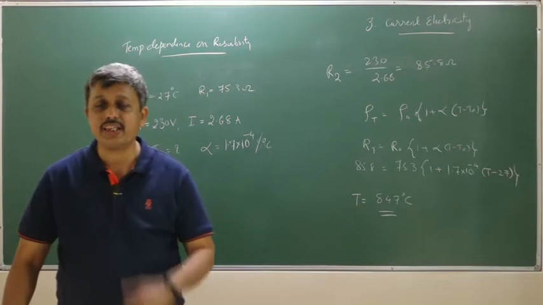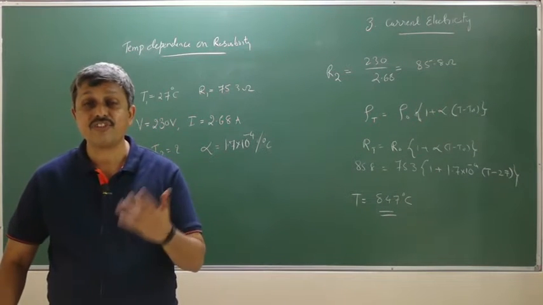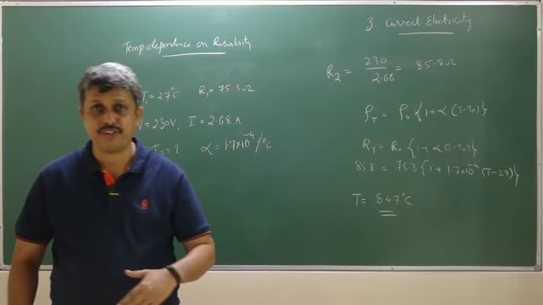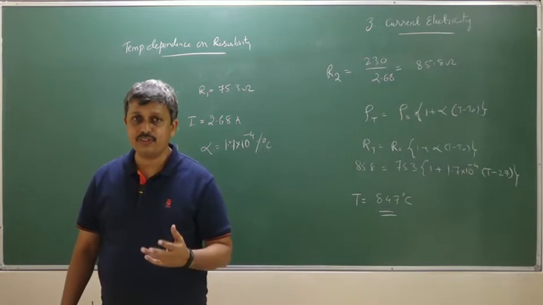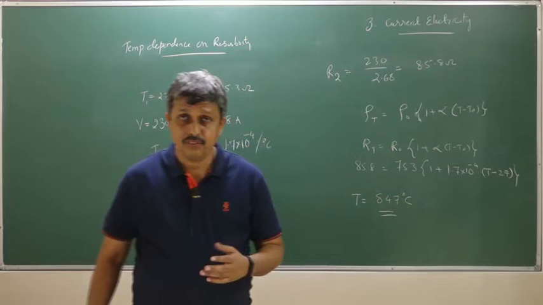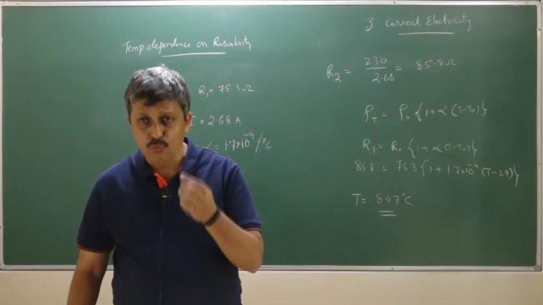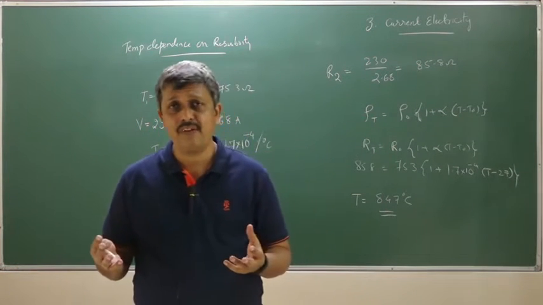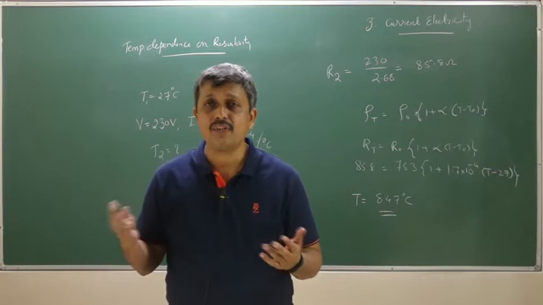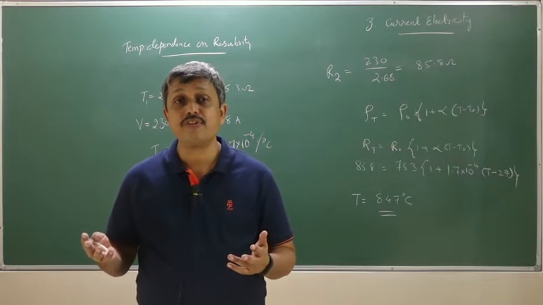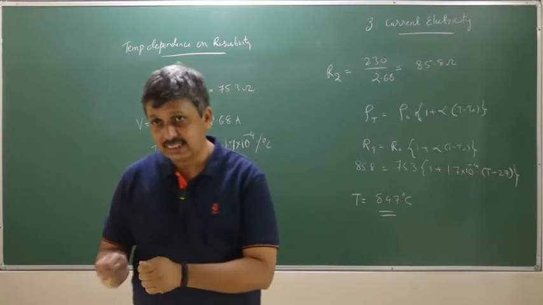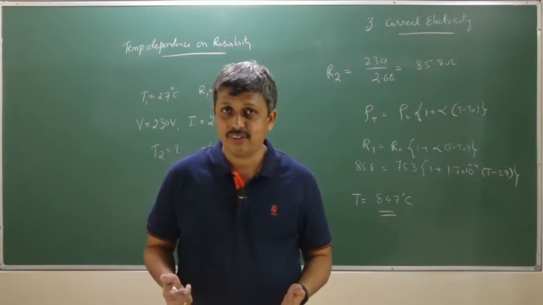So, this is how you can, given the resistance, find out the temperature. Then it's a very interesting thing, you see. In fact, when you are working with certain nice metals which have a very steady value of alpha at all temperatures, you can use them to measure the temperature, because once you measure the resistance, it will tell us what its temperature is.